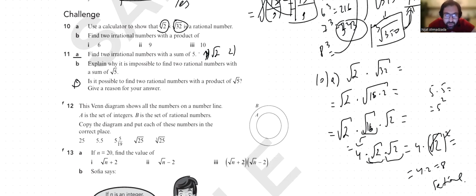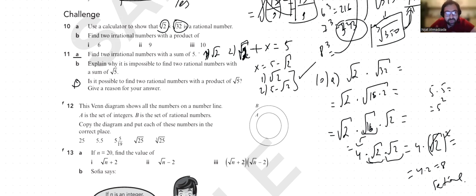Square root of 2 plus some number x is equal to 5. So then x is equal to 5 minus square root of 2. So my first number will be square root of 2. My second number will be 5 minus square root of 2. So we found two irrational numbers that when we sum them up, we get 5. 5 minus square root of 2 plus square root of 2 will be equal to 5.